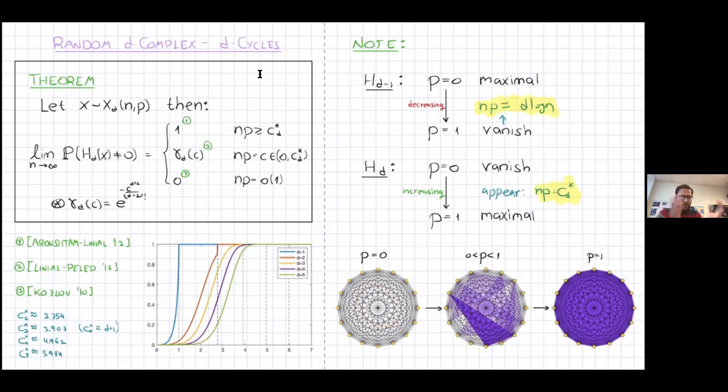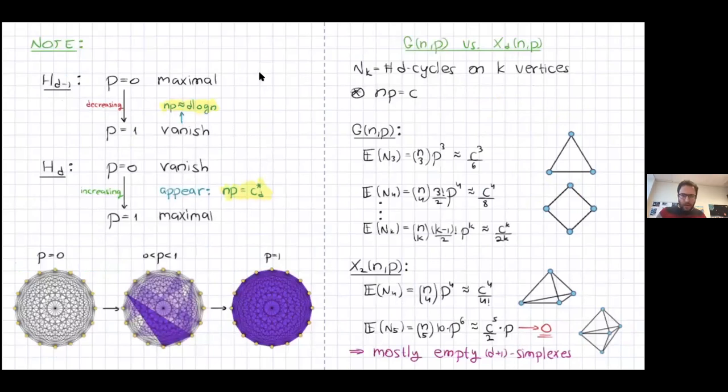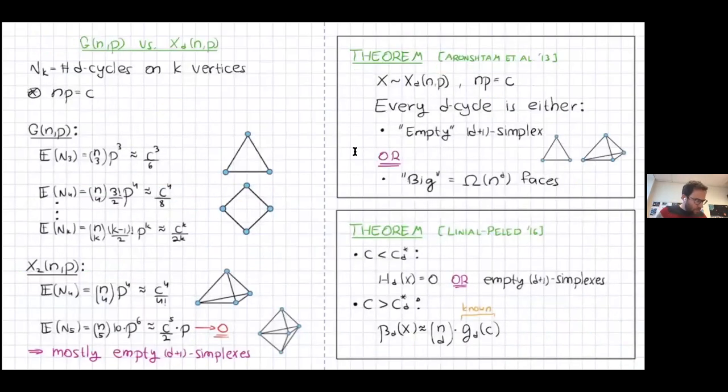First, we have enough D-dimensional faces to create D-dimensional cycles. And later on, we have enough D-dimensional faces to kill all the D-1 cycles. So this is just a remark.